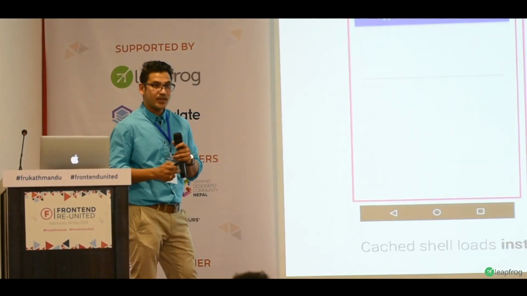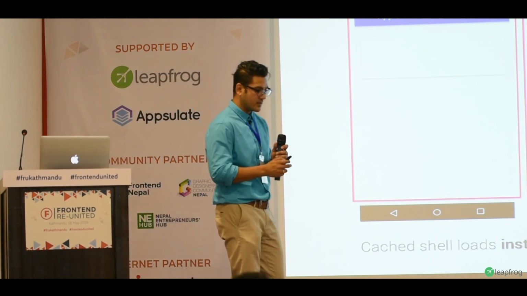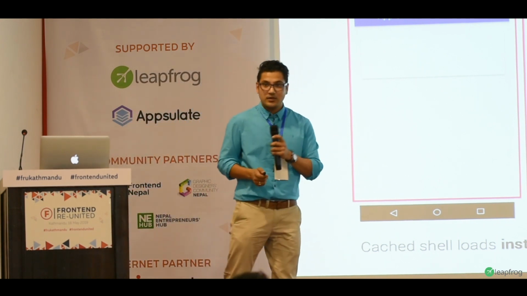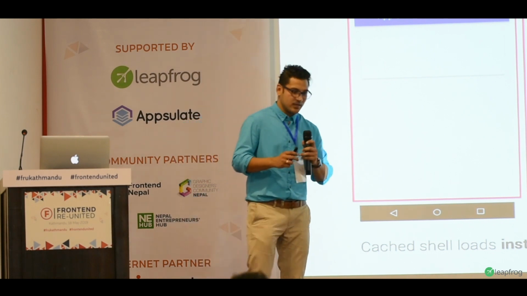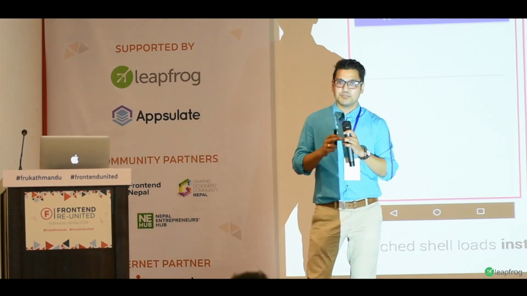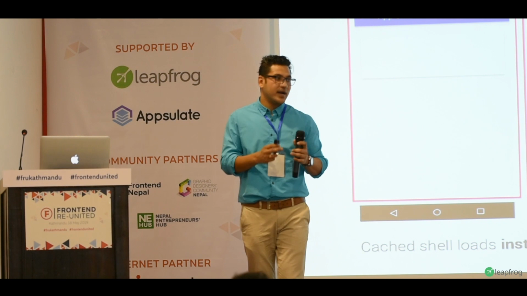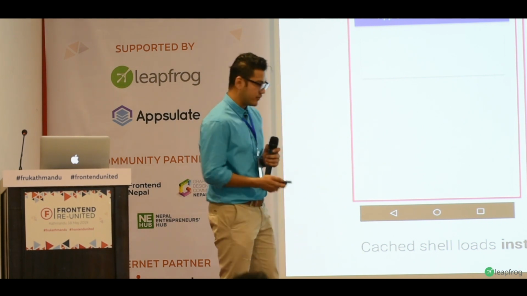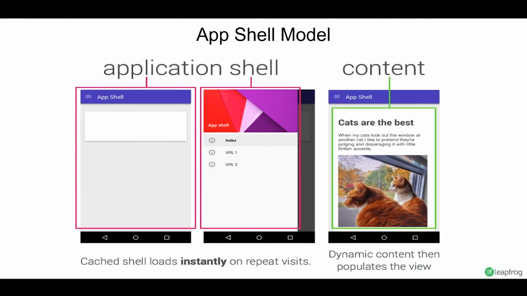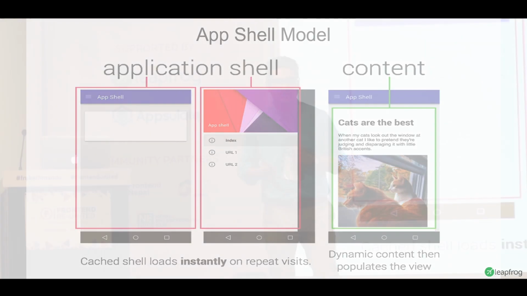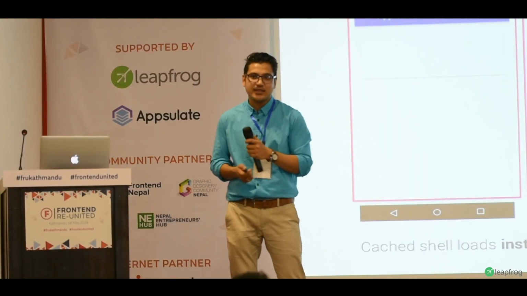The next is the App Shell model. This is very interesting, right? So what App Shell defines is that usually your app has a UX pattern, like they have a header, they have a footer, they have a sidebar, which remains the same in your entire application lifecycle. So why don't you just first fetch it and then cache it?